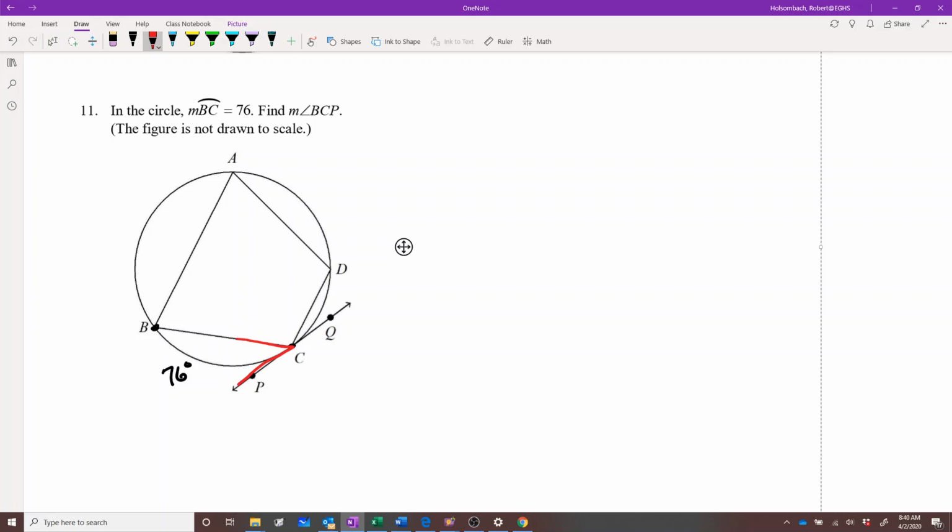BCP. Alright, this is a gimme, guys. So the measure of angle BCP is going to be equal to half of its intercepted arc, and that's 76. So half of 76 is 38 degrees.